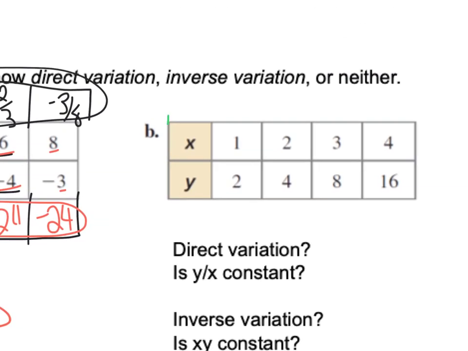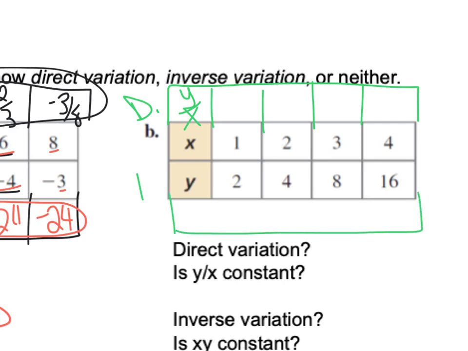If we look over here, I'm going to put that same chart on here. If it is direct, I'm going to use a D for direct. That means y divided by x is the same thing every time. If it's inverse, that means x times y is the same thing each time. So let's look back up here at the top.